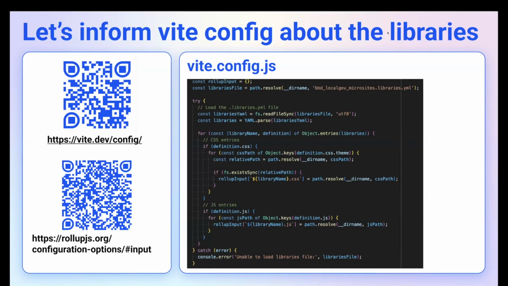And automatically in this way, with this little code, Vite knows which files to retrieve and compile. So it is enough just to add a library to our libraries YAML file every time we need, without any additional effort.